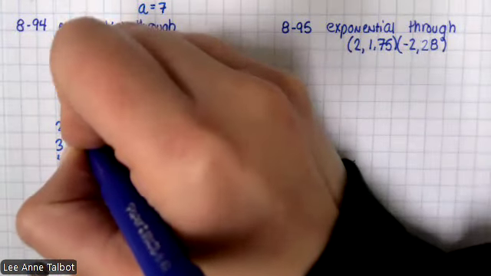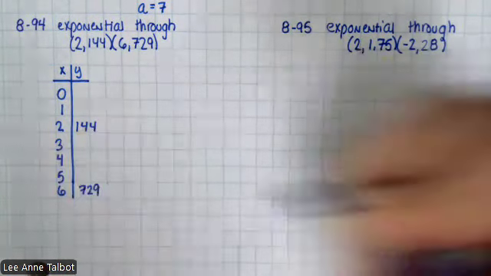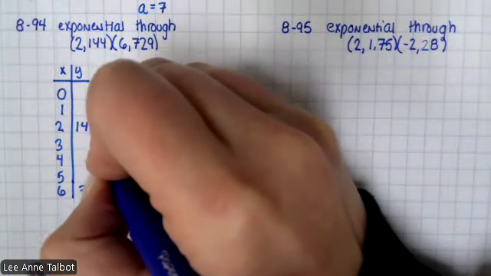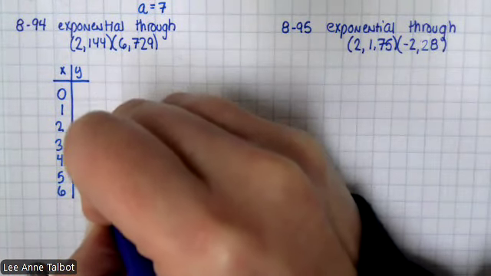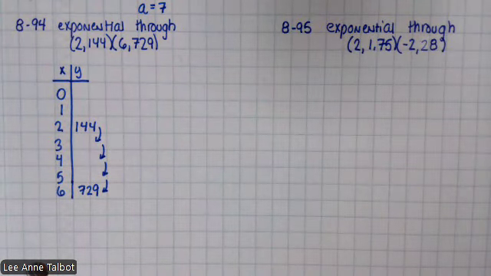So 2 is 144 and 6 is 729. Okay, does everybody see that it takes 4 b's?